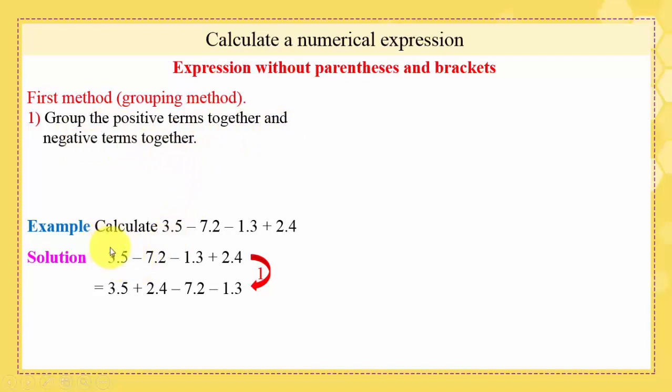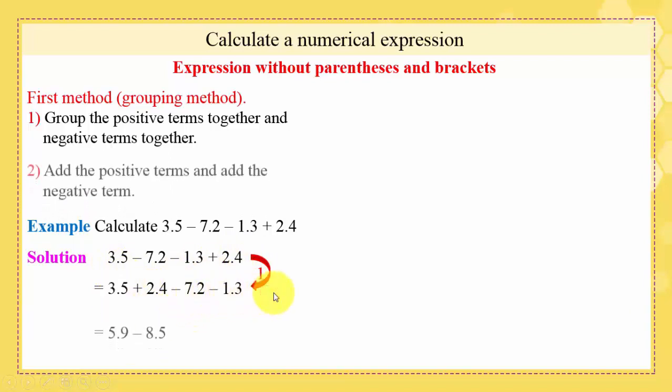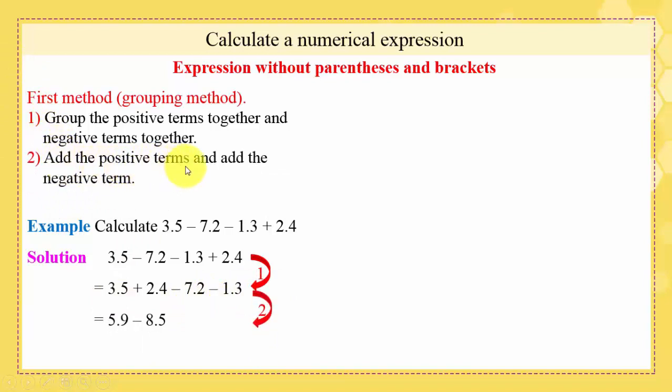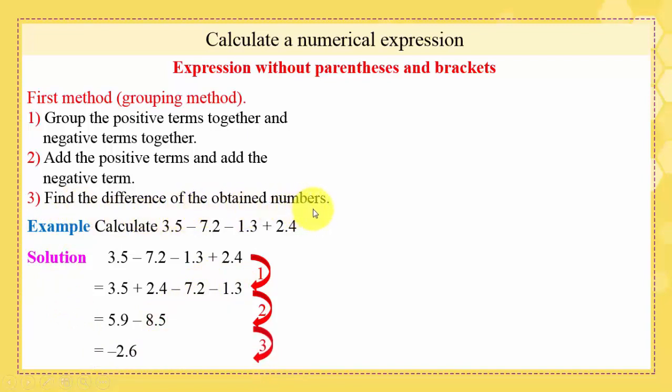Look here, we choose the positive terms, plus 3.5 plus 2.4, and group them together, and the negative terms together. 2. Add the positive terms and add the negative terms. 3. Find the difference of the obtained numbers. We find the difference between these two numbers.